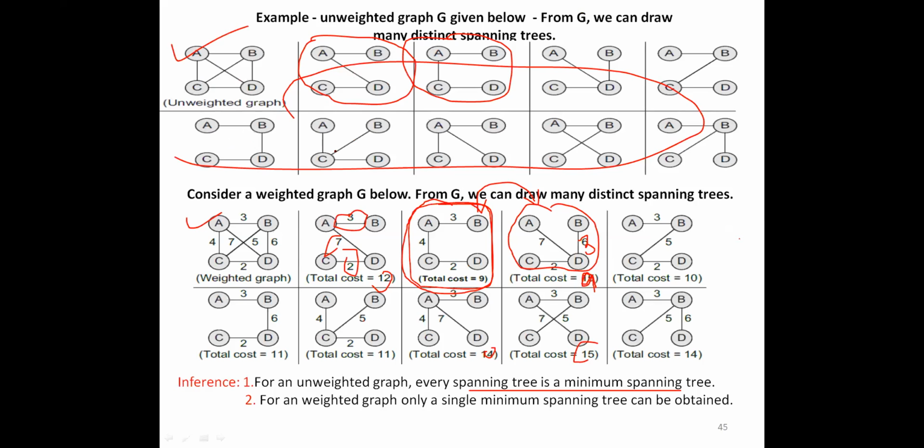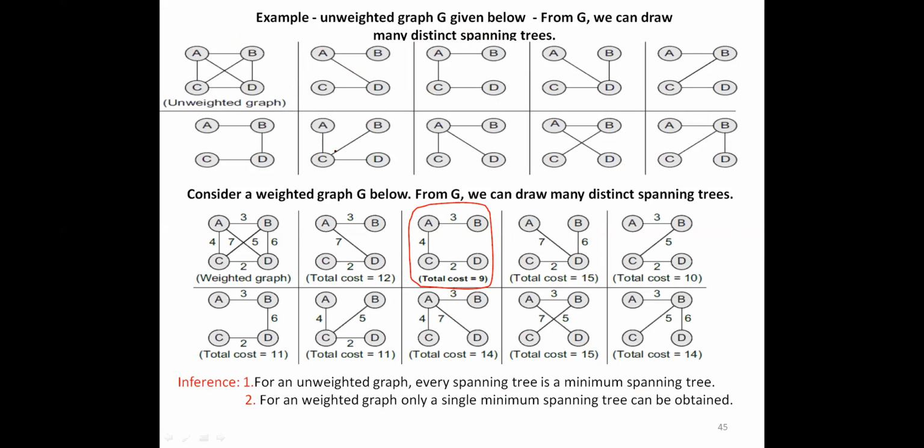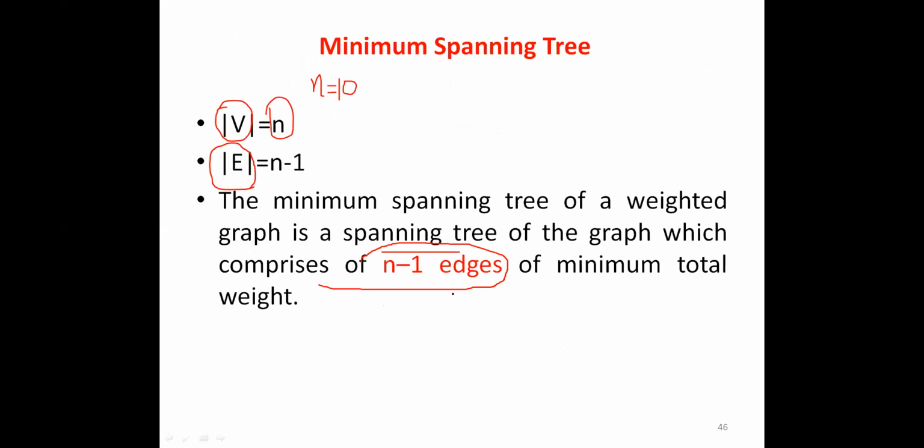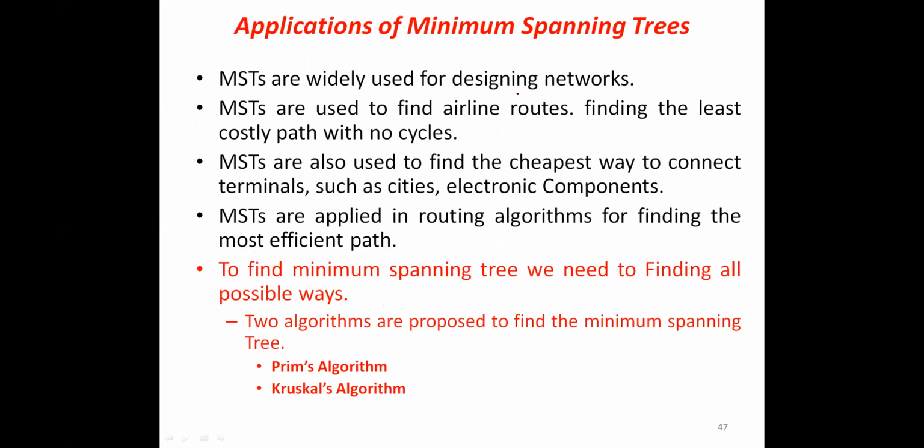Actually, you should have n minus 1 edges. So a minimum spanning tree of a weighted graph is a spanning tree which comprises n minus 1 edges of minimum total weight. This is what we are concluding from the minimum spanning tree.